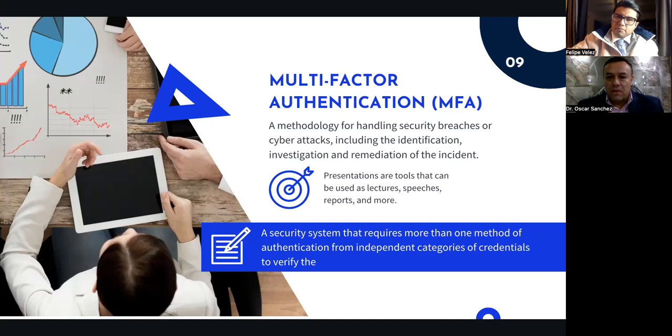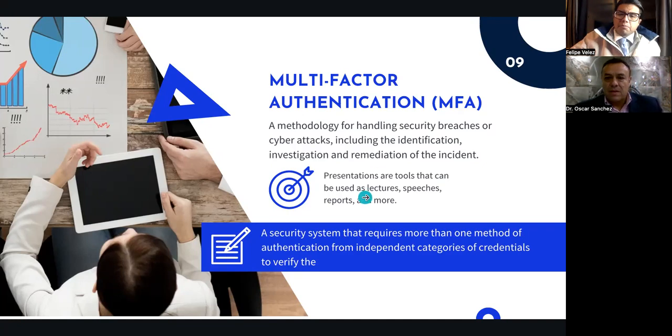A methodology for handling security breaches or cyber attack, including the identification, investigation, and remediation of the incident. Very good.